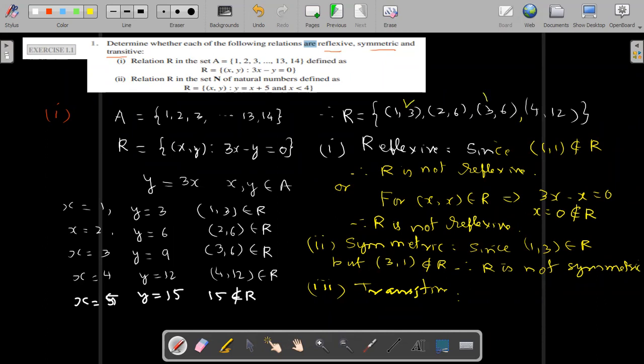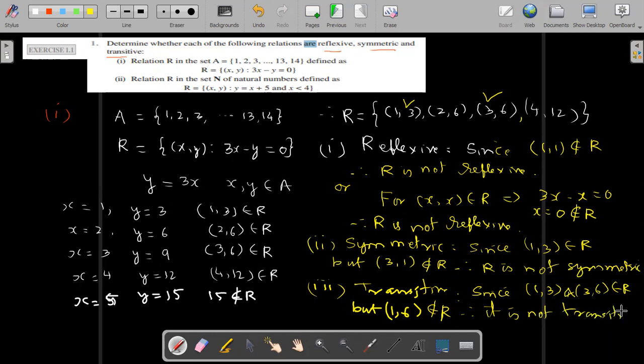We have to take an example where the two pairs are (1, 3) and (3, 6), but (1, 6) does not belong to R. So since (1, 3) and (3, 6) belong to R, but (1, 6) does not belong to R, therefore it is not transitive.